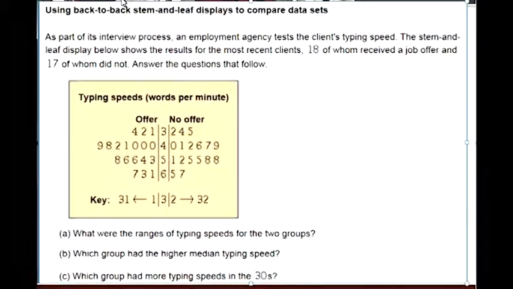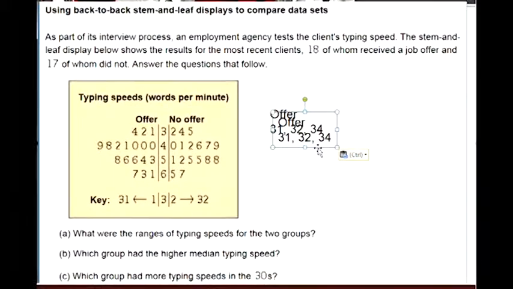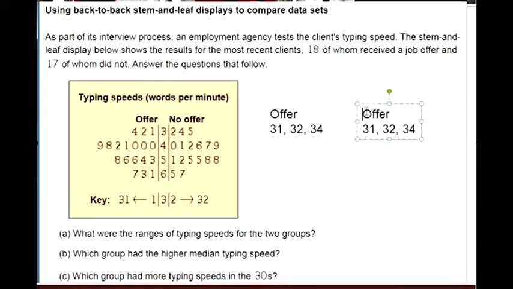All right, so we have 31, 32, and 34 in the offer category, and then over in the no offer, we're starting off with 32, 34, and 35.